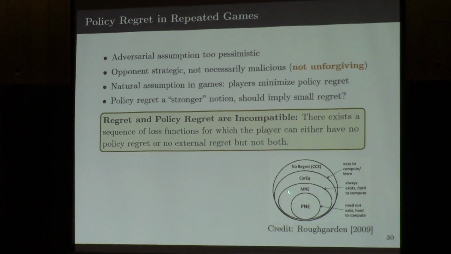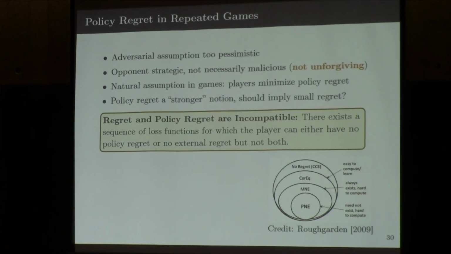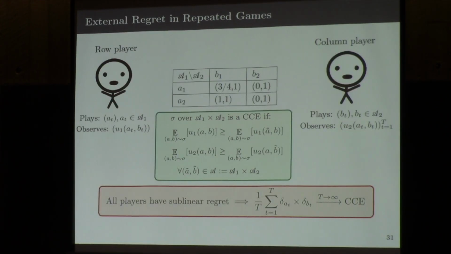We can show that if the policy regret is sublinear, then the external regret will necessarily be linear and vice versa. So there are sequences where you can only have sublinear policy regret or sublinear external regret, but not both.